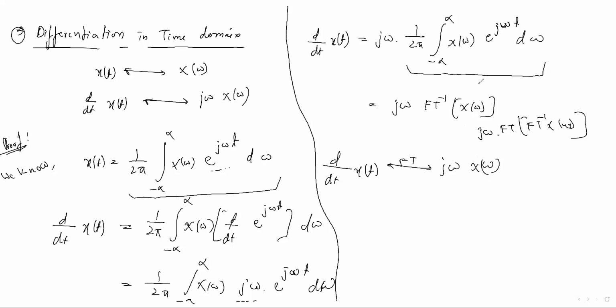Or if you write x(t) here, then the Fourier transform of x(t) is X(omega). Like that you can think, and here it is proved. Like that you have to proceed to prove the differentiation property. Is there any doubt?